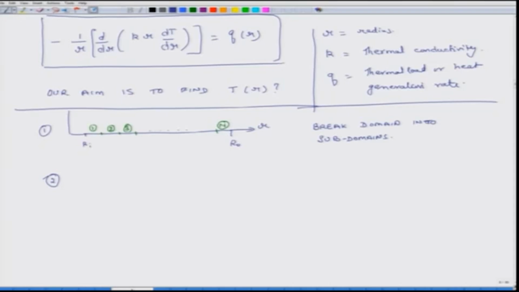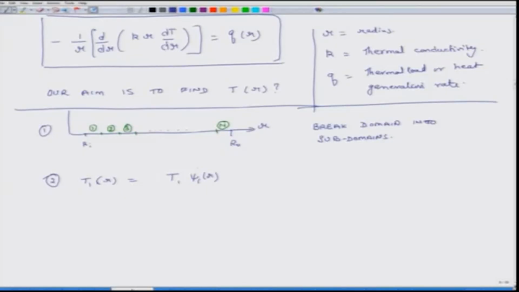We have to make similar choices here. Okay. So what we do is we develop those relations. So we say that temperature in the first element, T1 means first element, at radius r is equal to, okay, T1 psi 1, and I will explain all this. So just be patient.